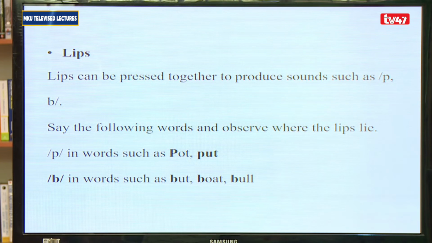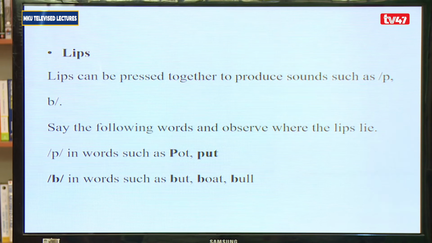Then the other organ that is involved in the production of speech sounds are the lips. We can press our lips together to produce certain sounds.